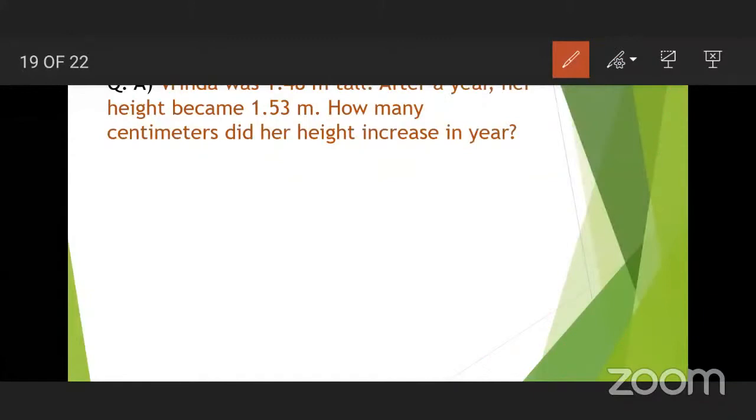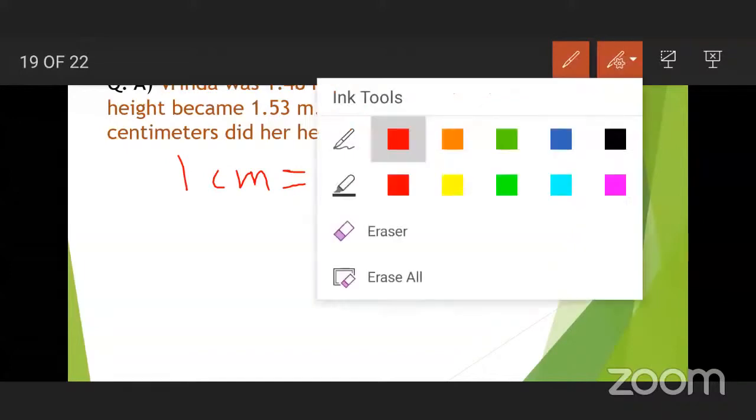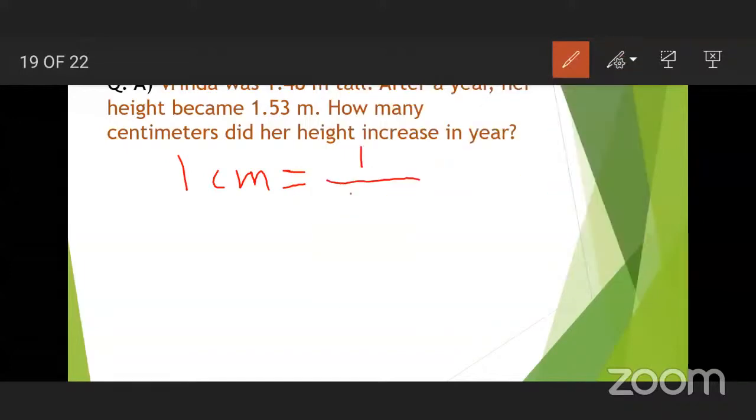See here, 1 centimeter is equal to 1 upon 100 meter, that is, 100 centimeter is 1 meter.